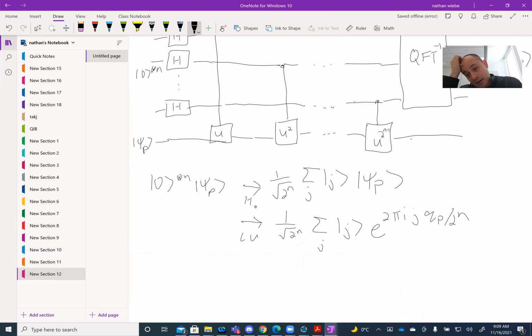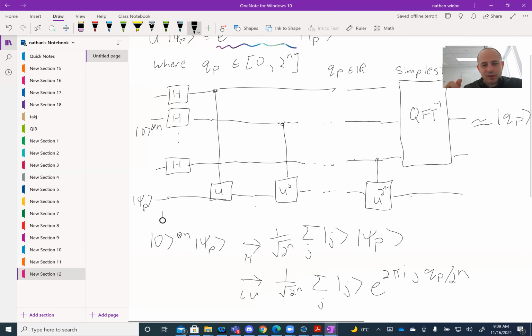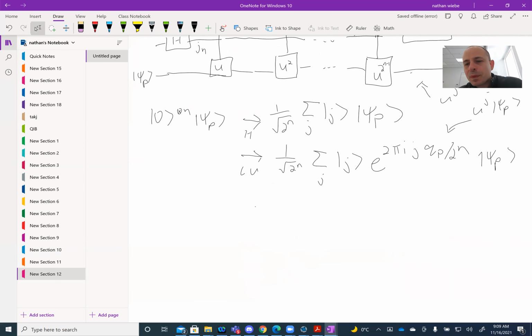The reason why, again, is that if this over here is representing j1 through j2 all the way down through jn, we can see that this is building up a binary expansion of U to the j applied down here. And the action of U to the j acting on psi sub p is just this guy over here. Oh, but I have to include the psi sub p. So there we have it. This is the action on the state.